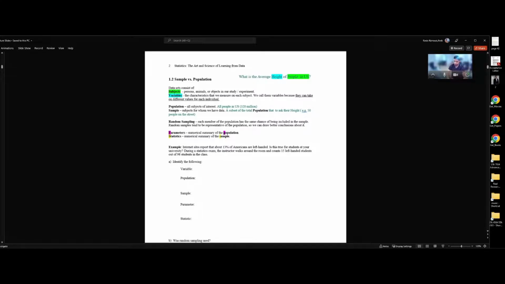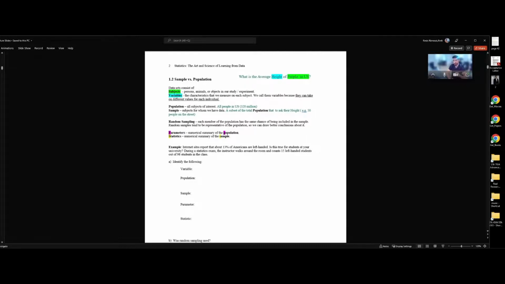Random sampling means that each member of our population has the same chance of being included in the sample. Random samples tend to be representative of the population, so we can draw a better conclusion about it.